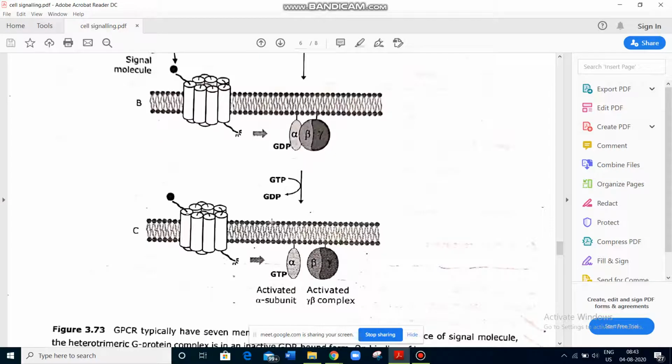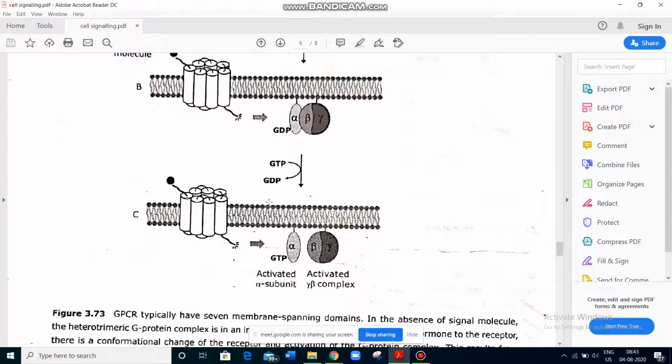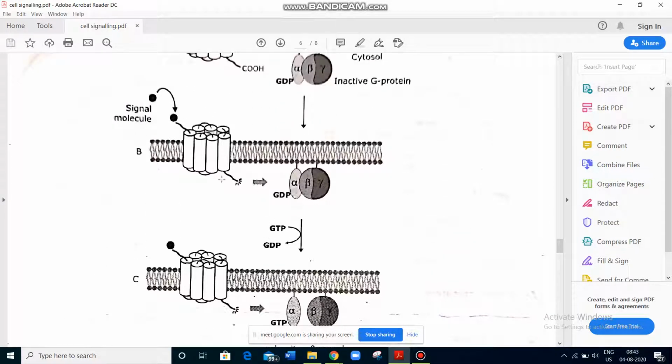This receptor is regulated by GTPase activity. That GTPase will synthesize GTP in the cytosol, and after synthesis there is an increase in the concentration of GTP in the cytosol.